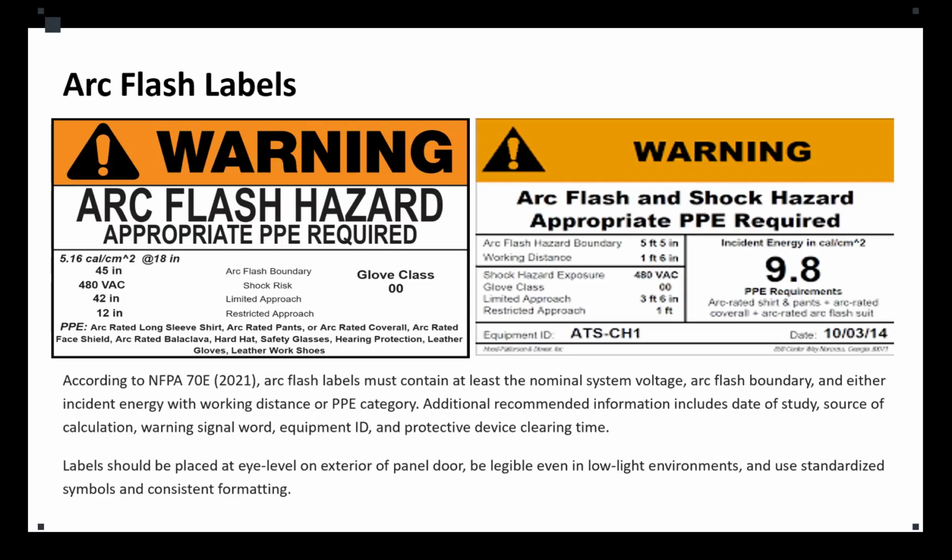That label tells them what to wear to protect themselves, and it tells them they have to stay outside of a certain boundary unless they are properly protected. Okay, and it tells them that they must confirm that the label data is within the 5-year update window.